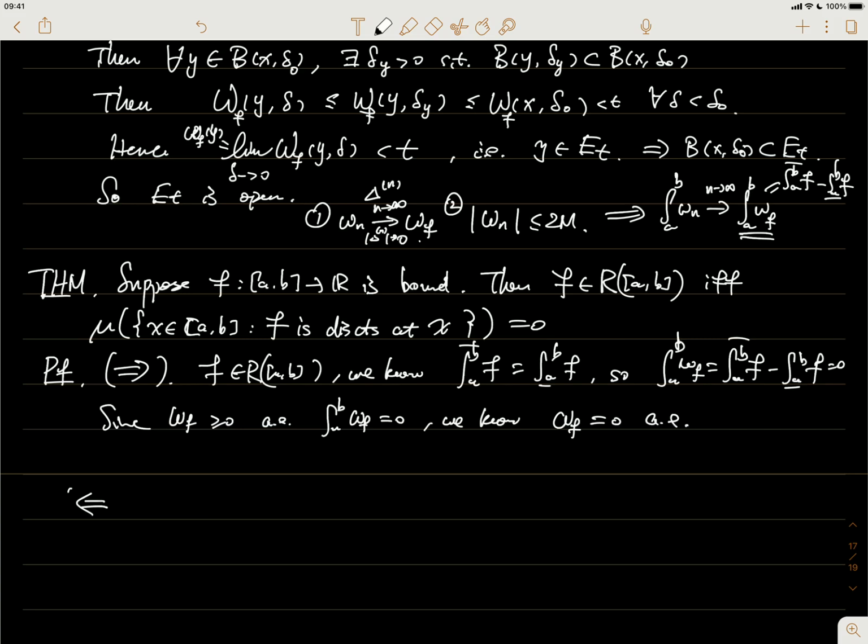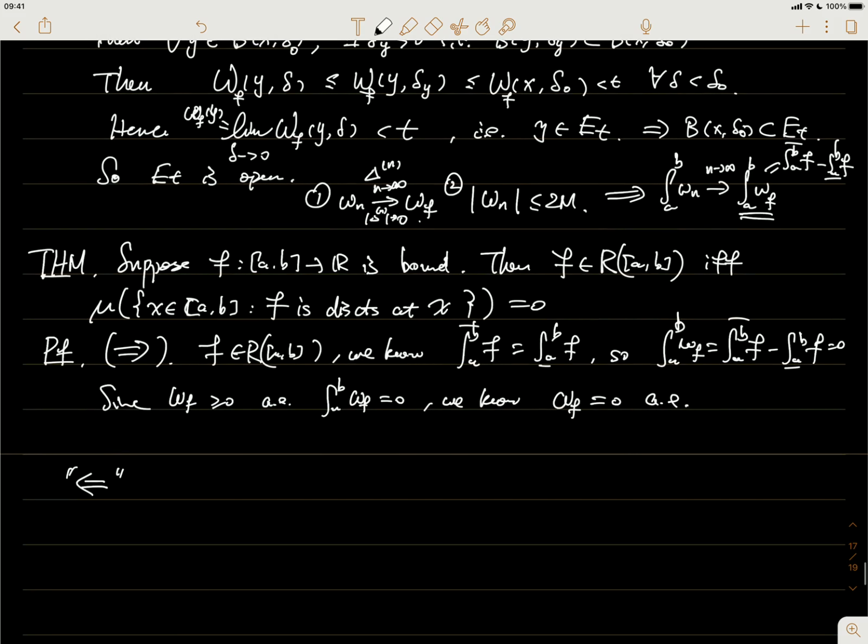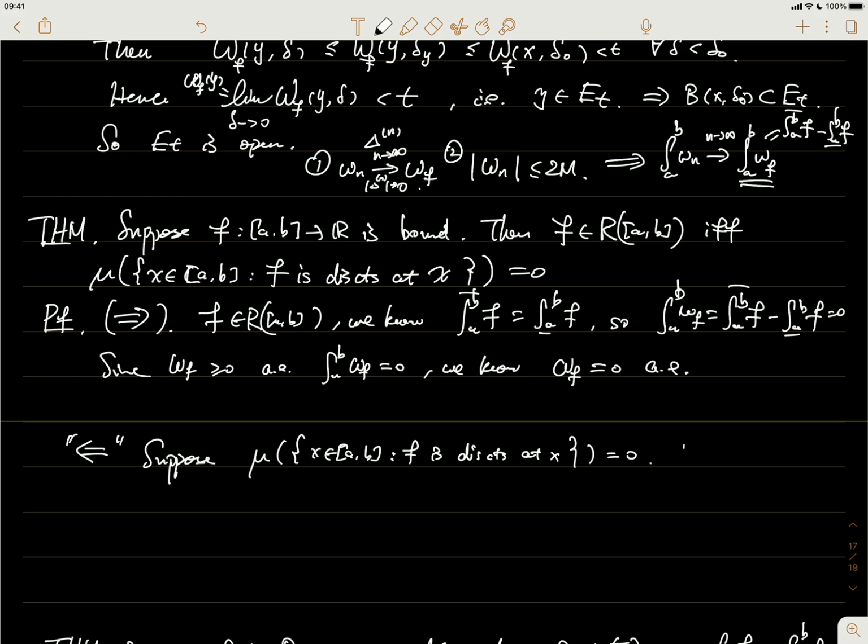The other direction: suppose this set has measure 0. That just means that Wf is equal to 0 almost everywhere, right?